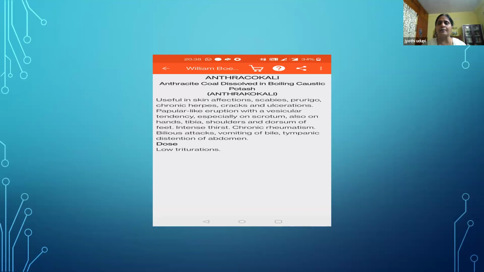We are still in Natrum mur, Kali bich, Kali carb, Argentum nitricum. But we have so many remedies, and because of our less knowledge, we don't use them.